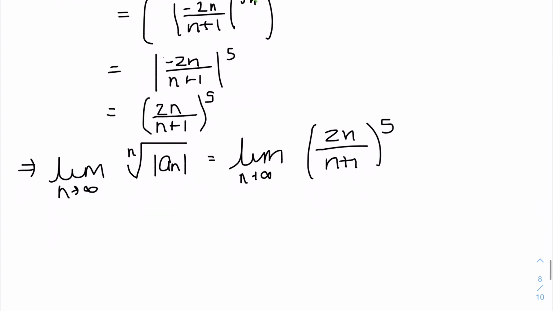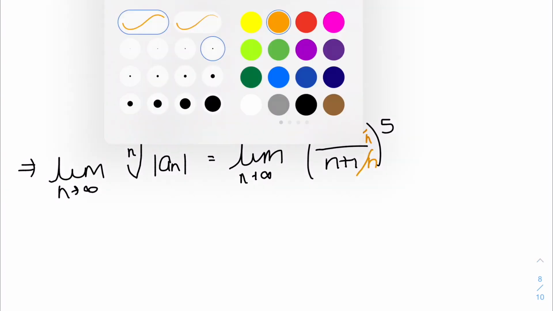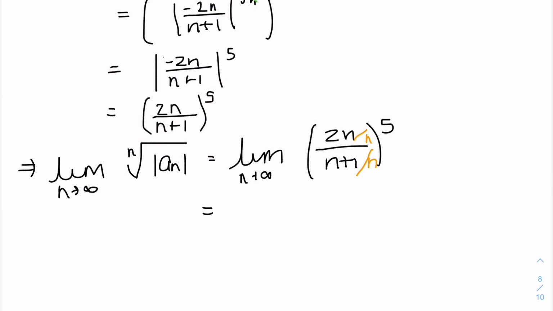And again, what happens on the inside is it goes to those ratios of powers. If you want to see a more precise version, divide top and bottom by the highest power. So this is the limit as n goes to infinity of 2 over 1 plus 1 over n to the 5th.